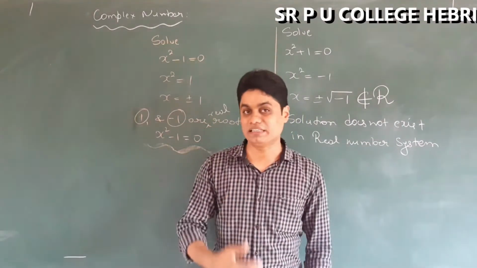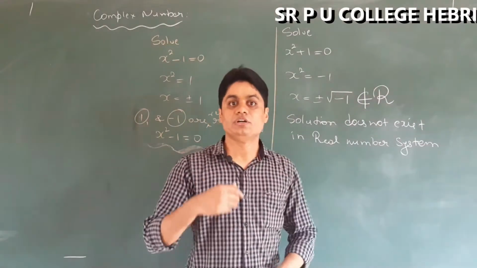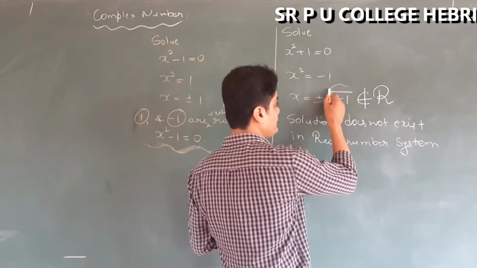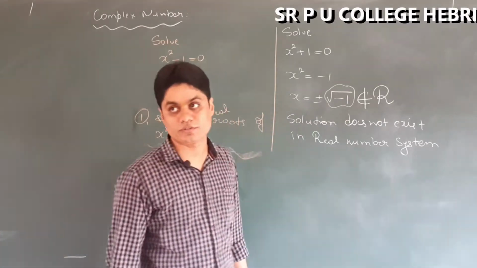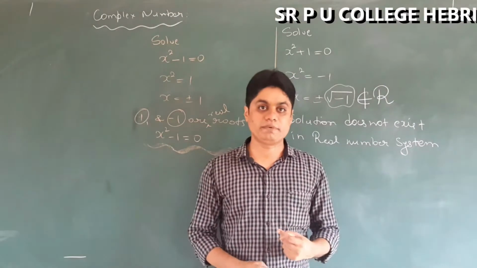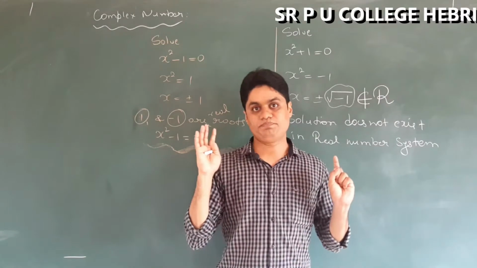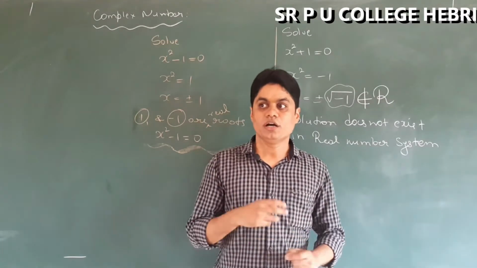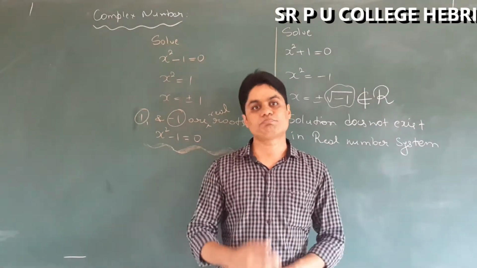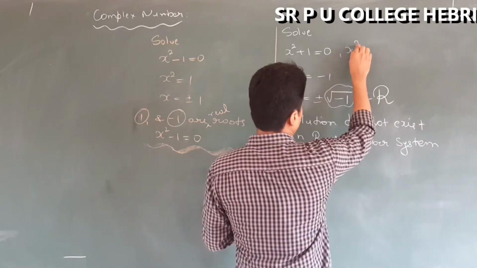The mathematicians thought there may be some system other than the real number system. When they started to think about it, they first had to understand what is meant by root of minus 1, and they did understand what is meant by root of minus 1. After understanding it, they started to define the new system known as the complex number system. So now I will show you how complex numbers are developed in mathematics, with definition, properties, and problems.